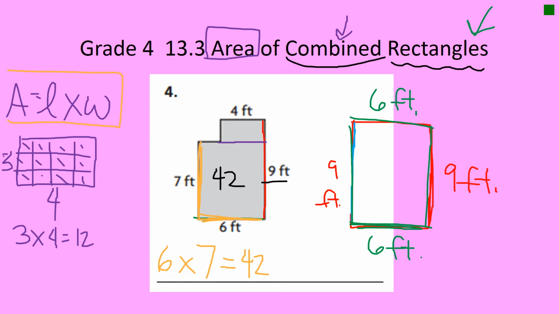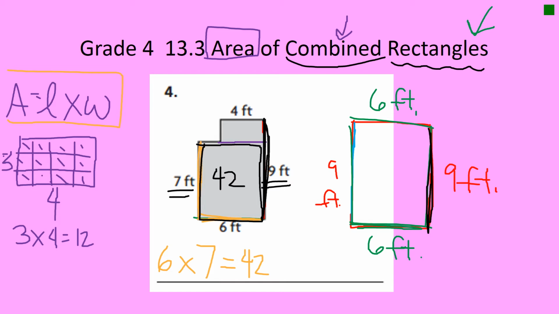Now I want you to think about why I didn't use the 9. Why did I use the 7 instead of the 9? Well, because the 9 is the distance all the way up. Remember when we drew the rectangle over here? That 9 is from top to bottom. That's not a dimension of this rectangle.